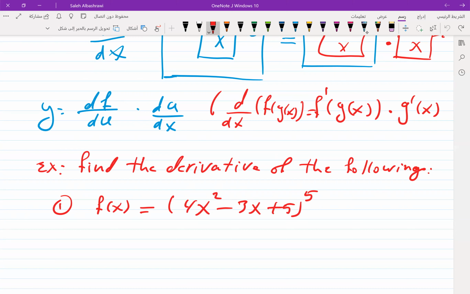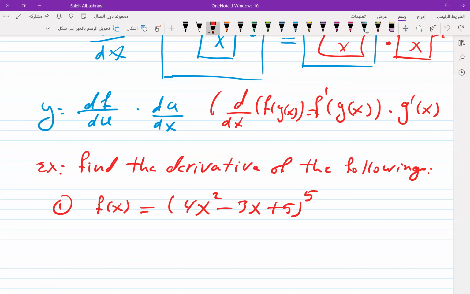And I need to find the derivative of this function. We have two ways to find the derivative of this function. Either I will open the brackets, I have 3 terms all to the power 5, and this will be time consuming. Not easy to open this bracket. Or we can apply the chain rule.